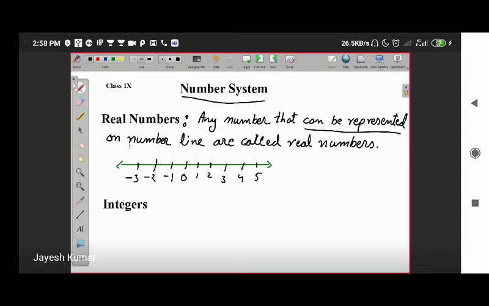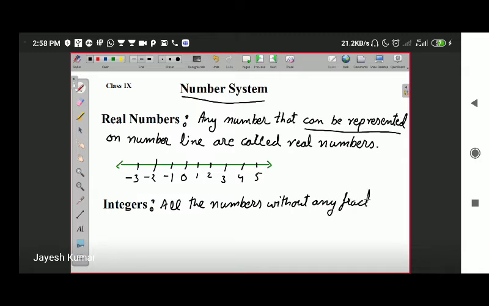After real numbers, we must know the definition of integers. All the numbers without any fraction part are called integers.